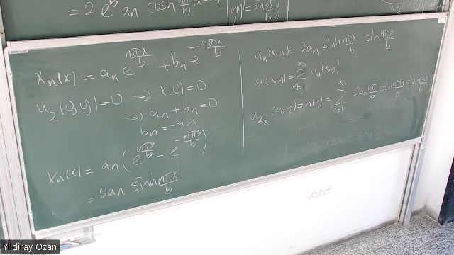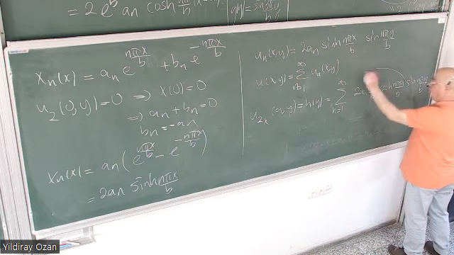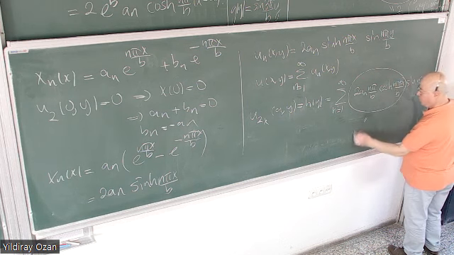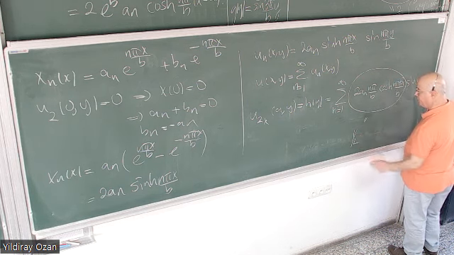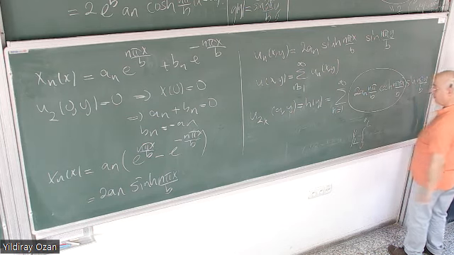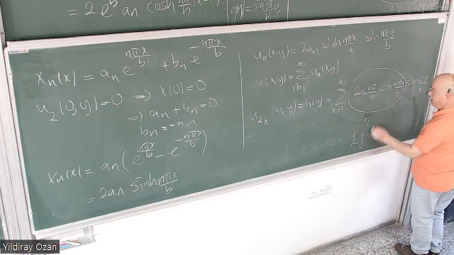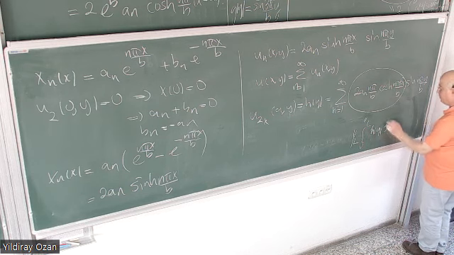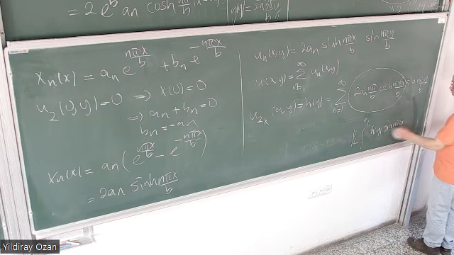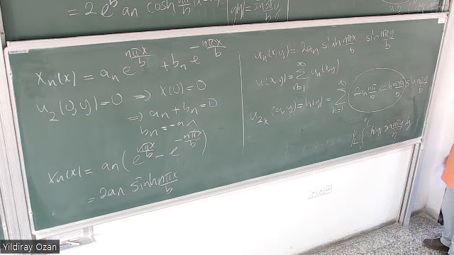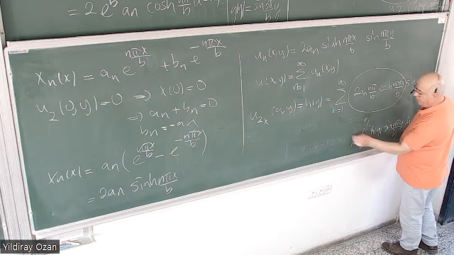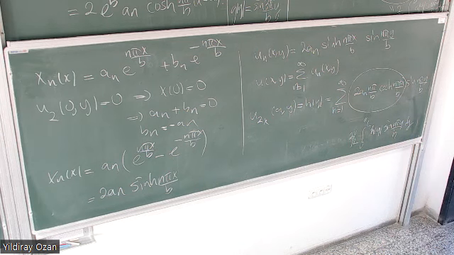So from this, we see that this whole thing is equal to 2 over L integral from 0 to L of h(y) sine n pi y over b dy. So we understood this from here.